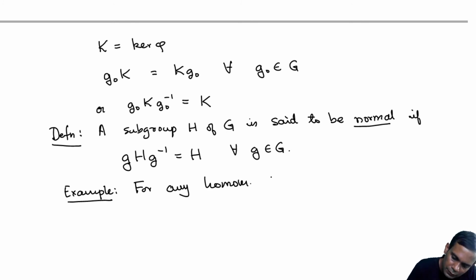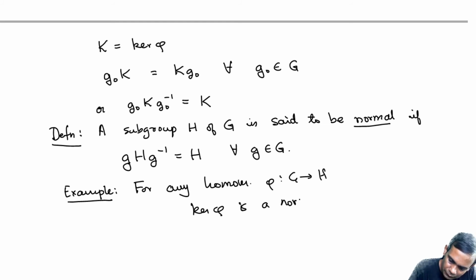For any homomorphism phi from G to H, kernel phi is a normal subgroup of G.